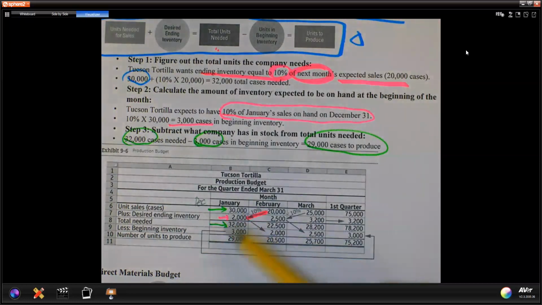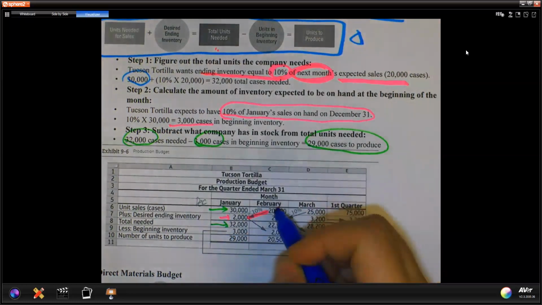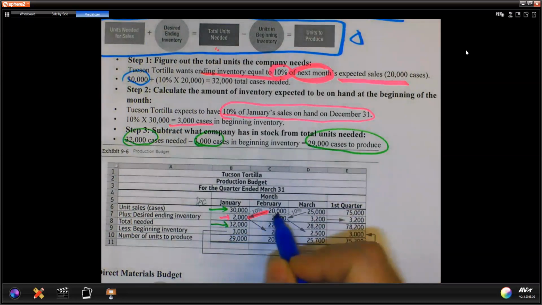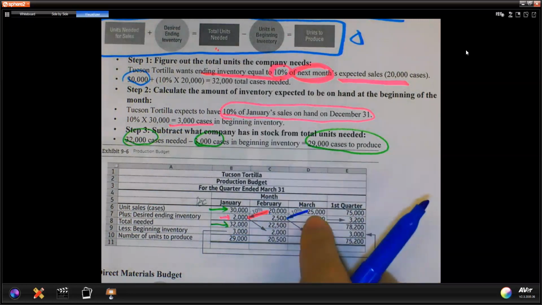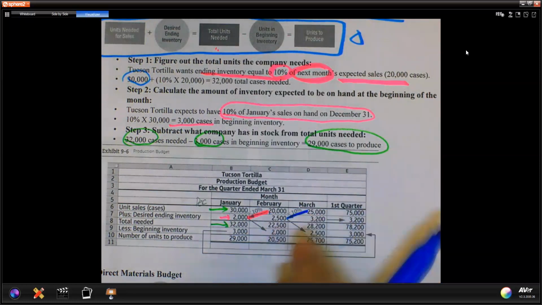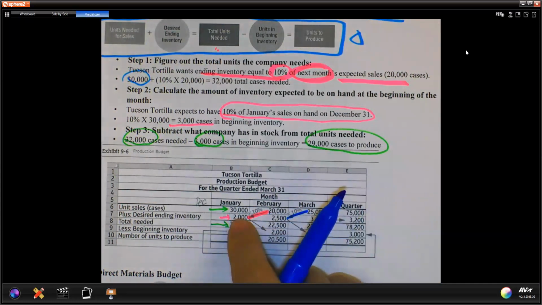January is kind of hard to figure out, but let's look at February. For February, our total sales we expect to be 20,000. Our ending inventory is 10% of next month, March. So we will get 2,500, and that's the total units we need. But our beginning inventory is the ending inventory of last month.